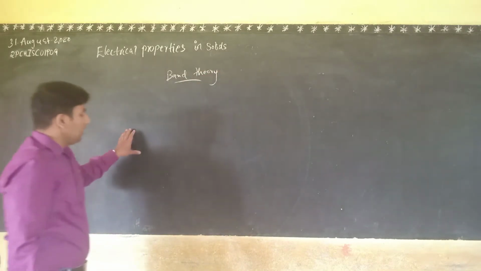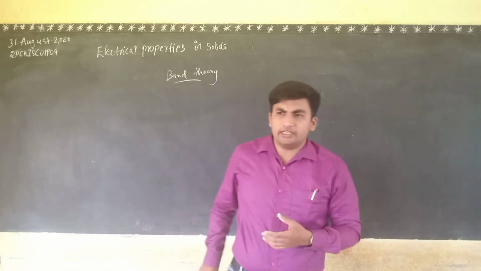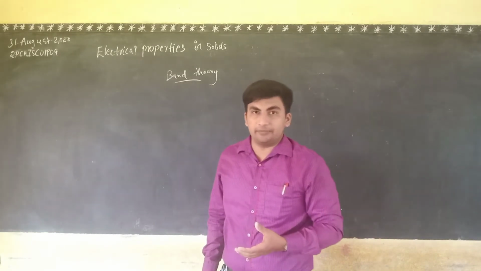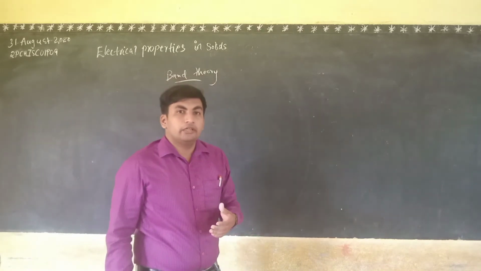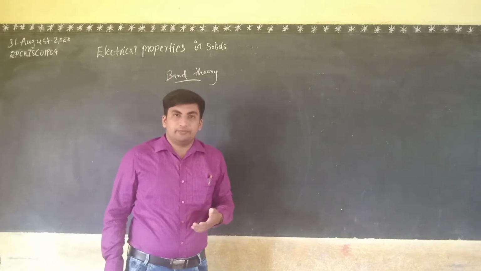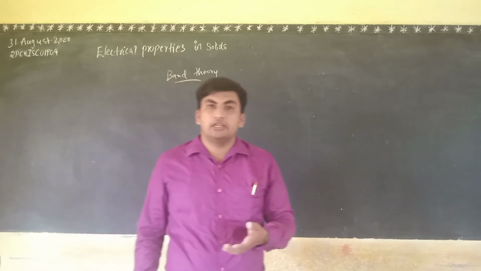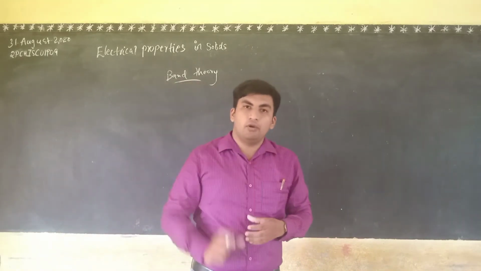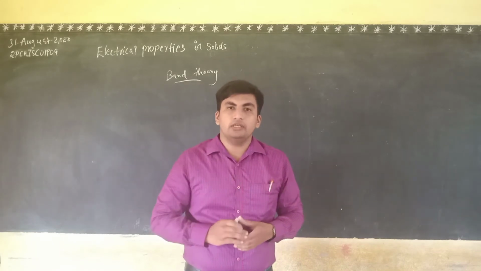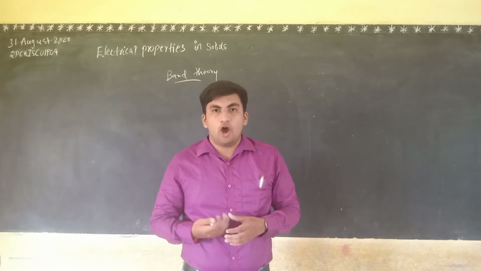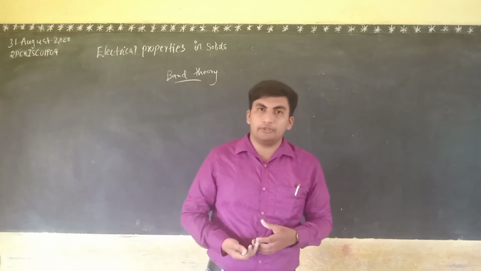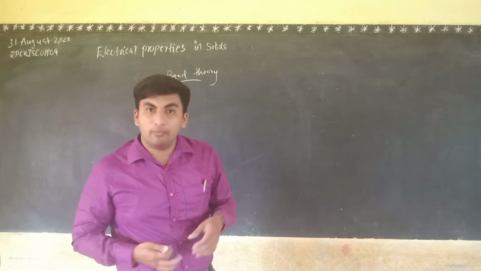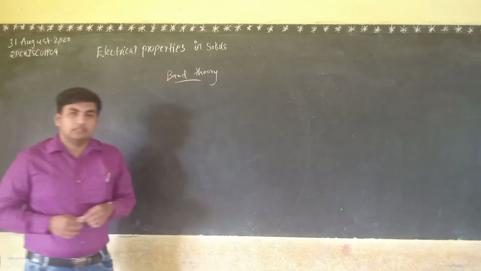In first PUC, you have already studied molecular orbital theory. In that, two atomic orbitals combine to form molecular orbitals. The lower energy orbital is called the bonding molecular orbital, and the higher energy molecular orbital is called the anti-bonding molecular orbital.